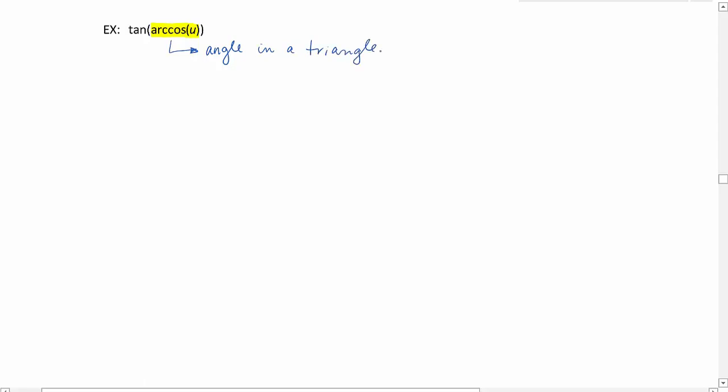Cosine inverse is defined in quadrants 1 and 2 only. That u is positive, so we're going to assume that cosine is positive and that we're going to be in the first quadrant.